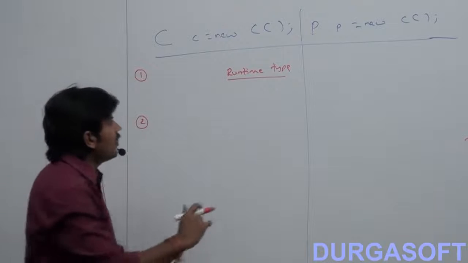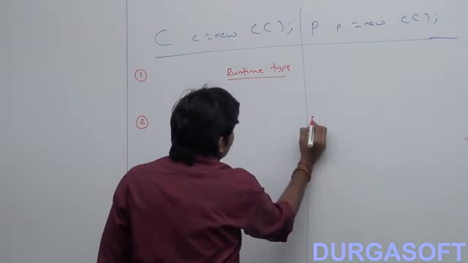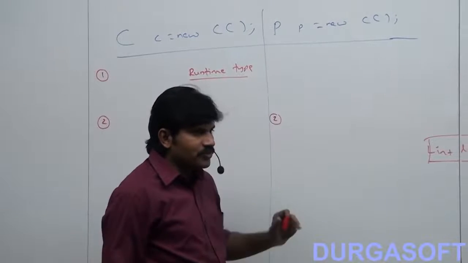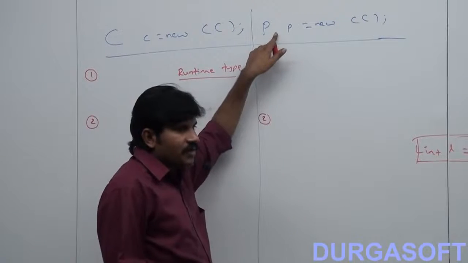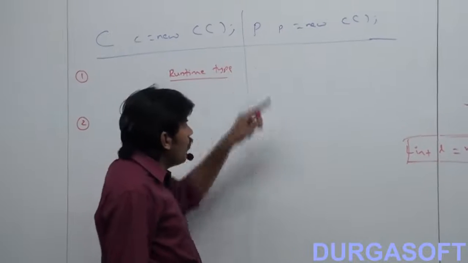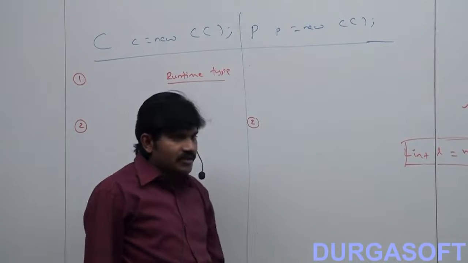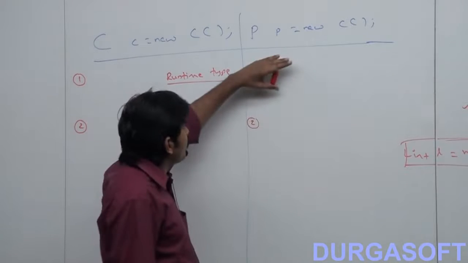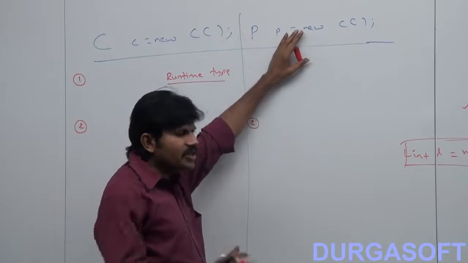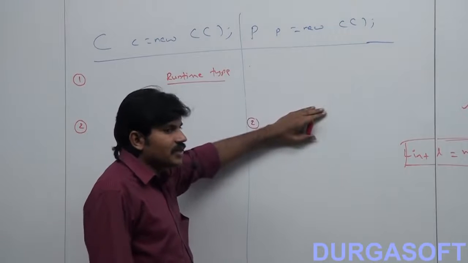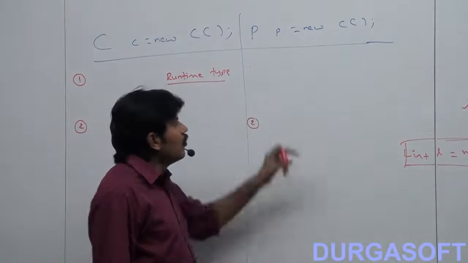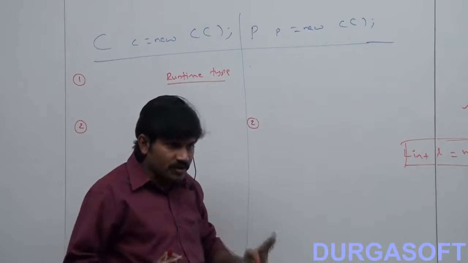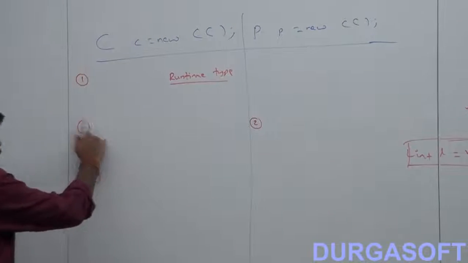But here there is one problem: a parent reference can be used to hold a child object, but by using this reference, we can call only methods available in the parent class. Child-specific methods we can't call. Is it clear? So the advantage is we can hold any child object, but the disadvantage is we are restricted to only methods available in the parent class. Child-specific methods we can't call. Is it clear? Add this point also.